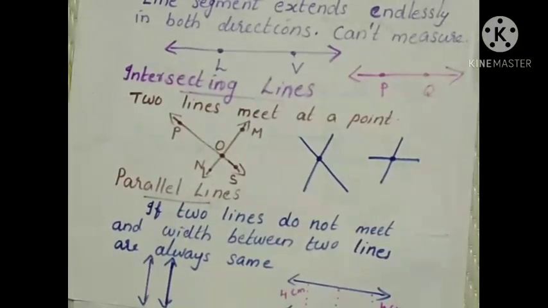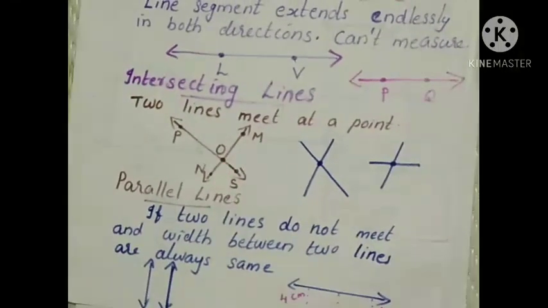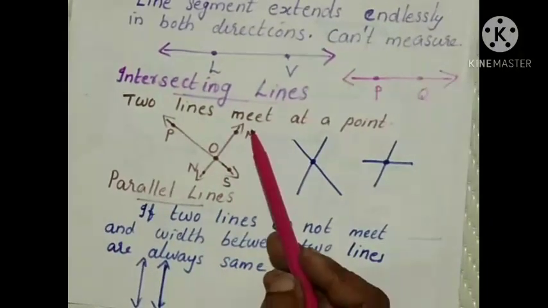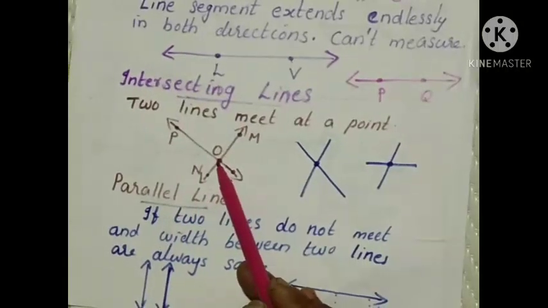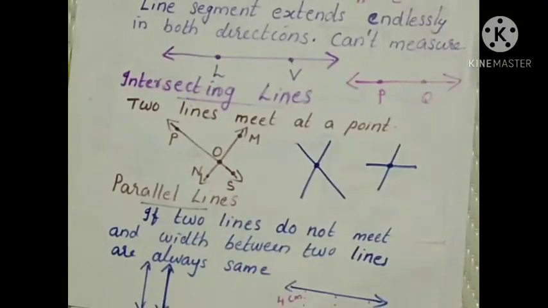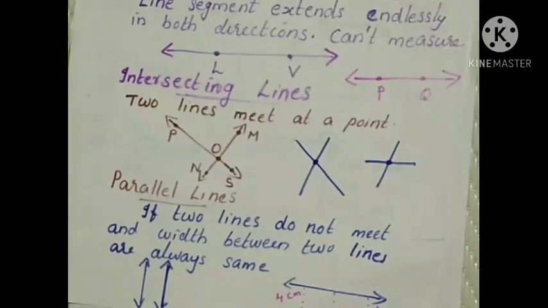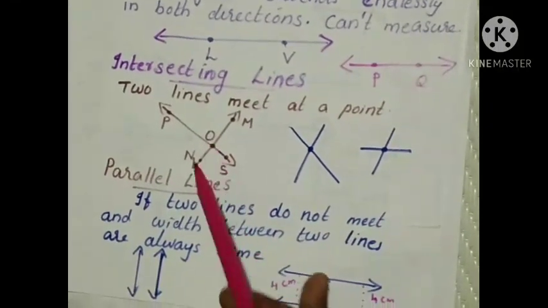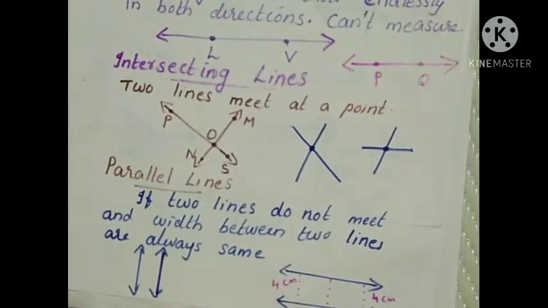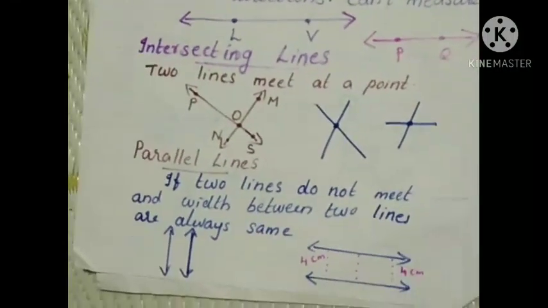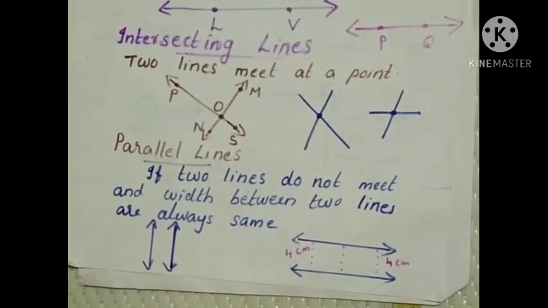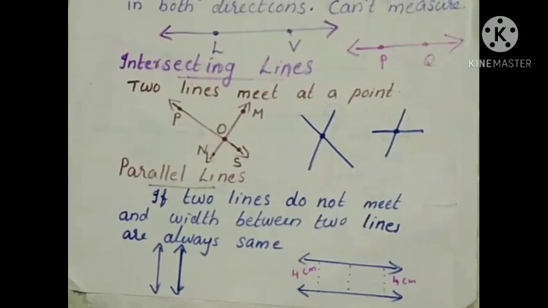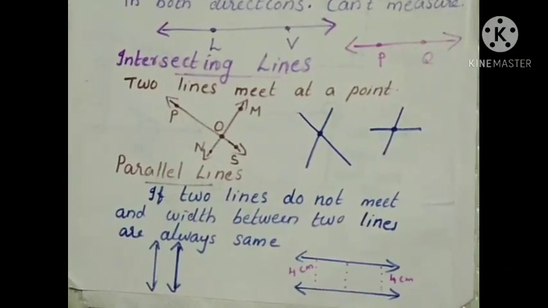That point is called the intersection point. PS and MN meet at a point O. Therefore, PS and MN are called intersecting lines, and the point they meet is called the intersection point. Understood? Intersecting lines and intersection point.